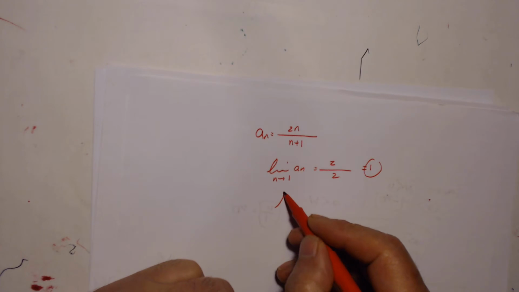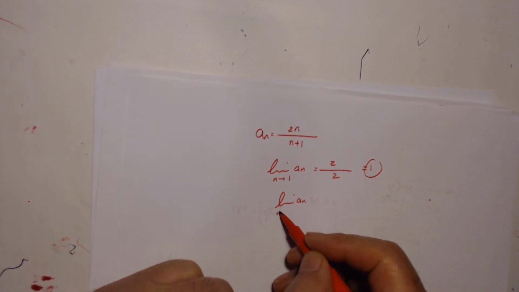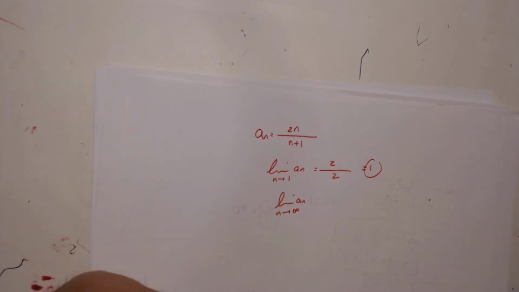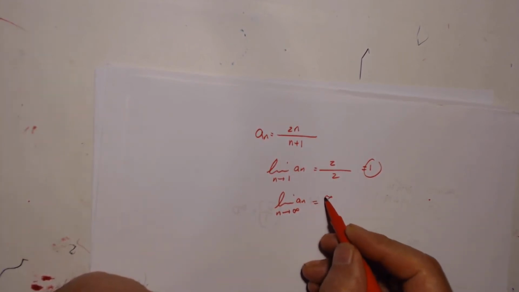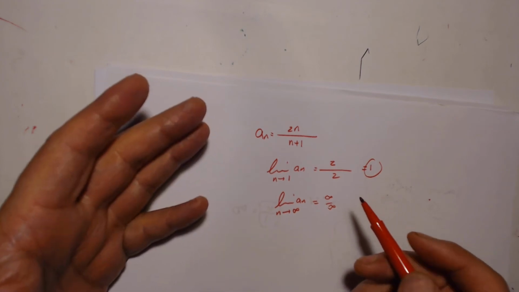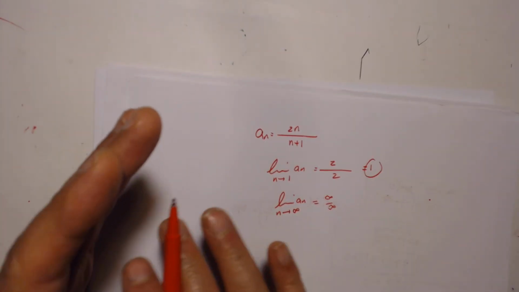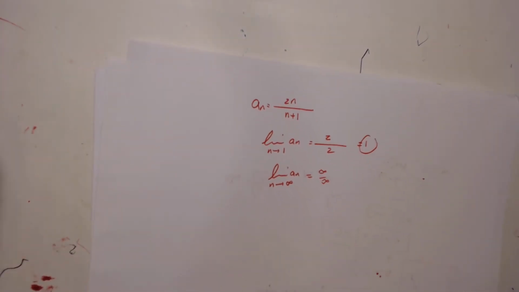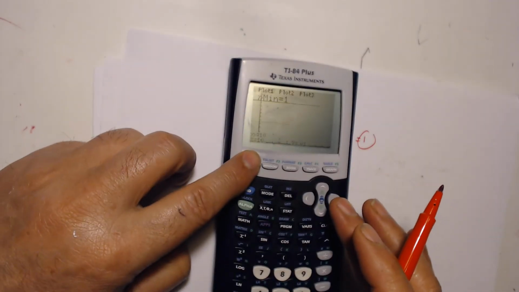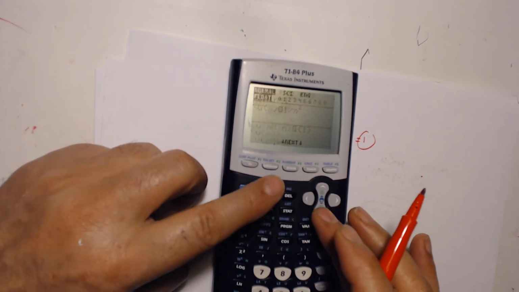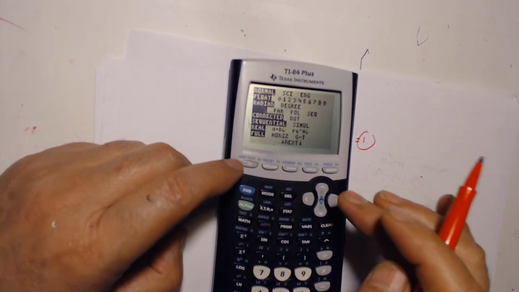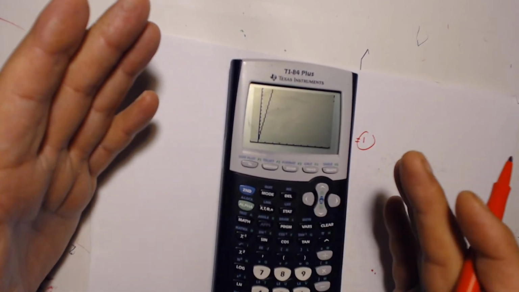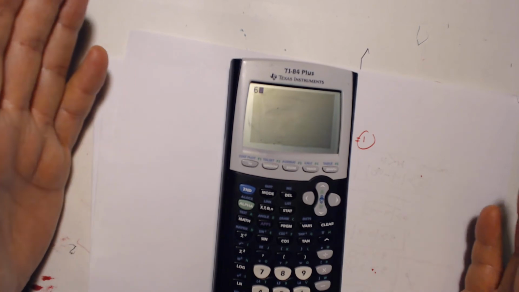Okay, but sometimes they said, what is the limit of a sub n as n approaches infinity? Oh, that becomes infinity over infinity. I'm going to apply L'Hopital's rule. Nope, L'Hopital's rules are for functions. But if you go to your graphing calculator and you press mode and you press function and you only graph the line y equal to x, that's what you're going to see right there.